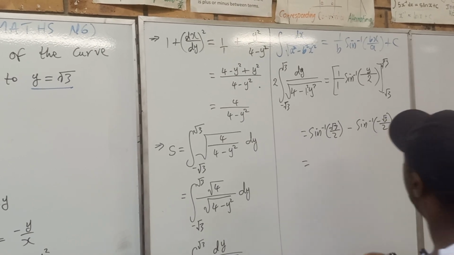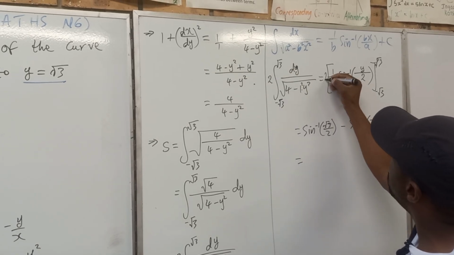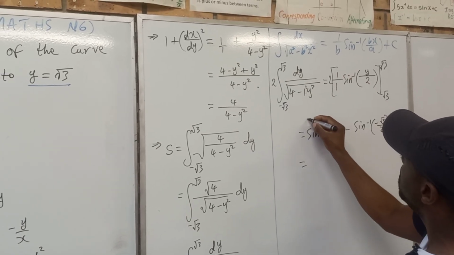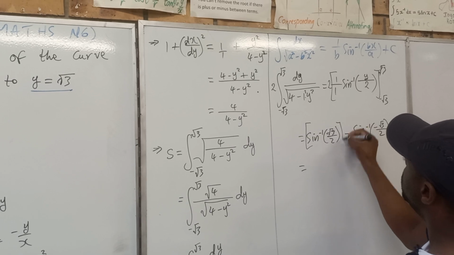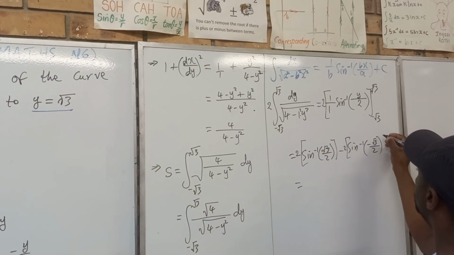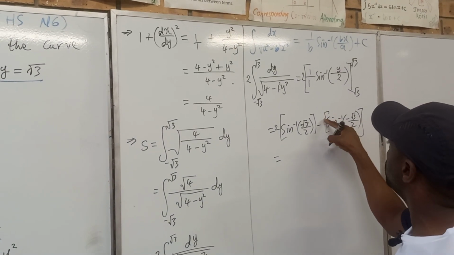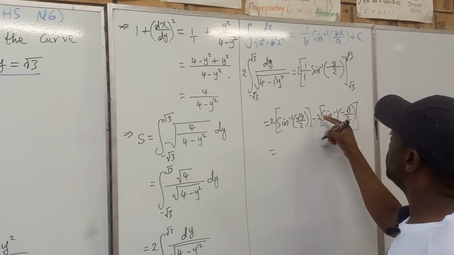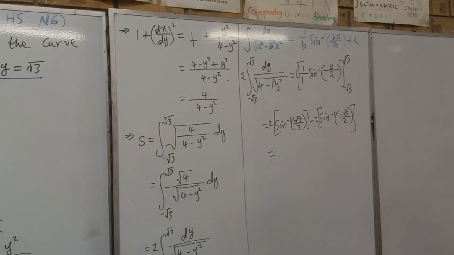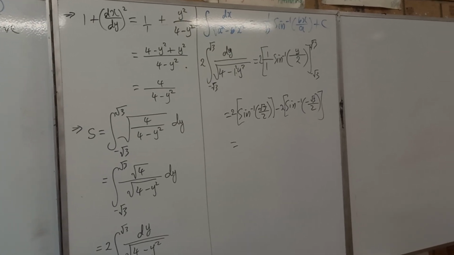So all I need now is, oh, I'm forgetting that there was a 2 outside as a constant. So yeah, I must get the 2 there as a constant, the same thing there. So all I need now is my calculator to do the rest for me. And you remember with trigonometry, we must make sure our calculator is in radians.